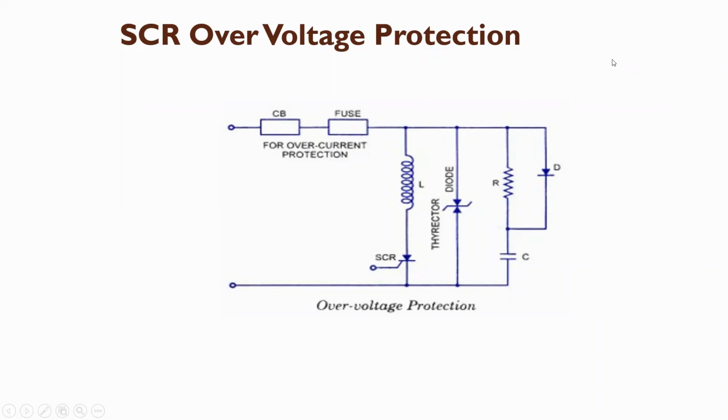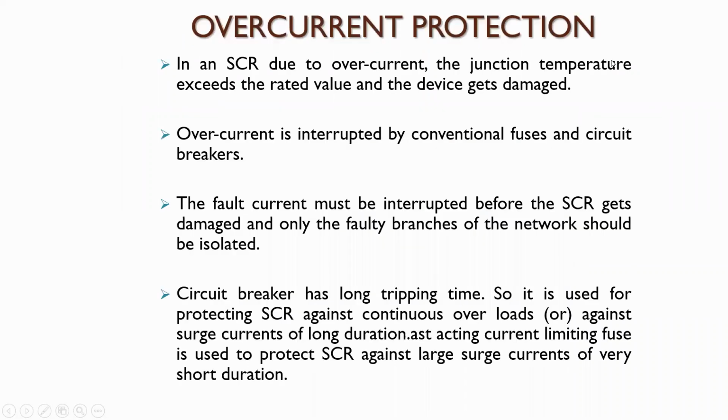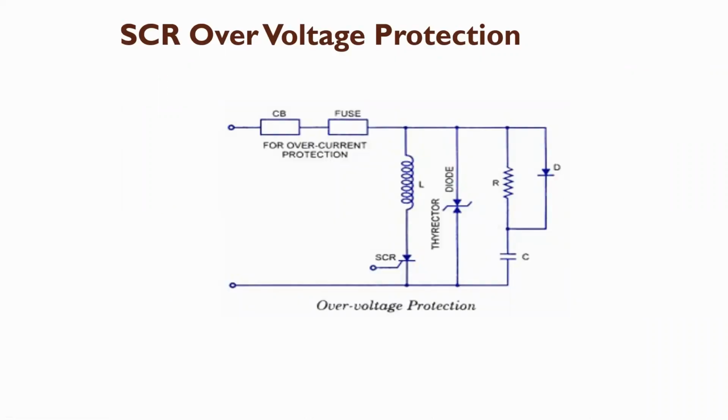For overcurrent protection, we can use circuit breakers and fuses of different ratings depending upon the load or the rating of the SCR. So they can protect the SCR from overcurrent. Normally fuses and circuit breakers are used for overcurrent protection, and for over voltage protection, voltage clampers are used.